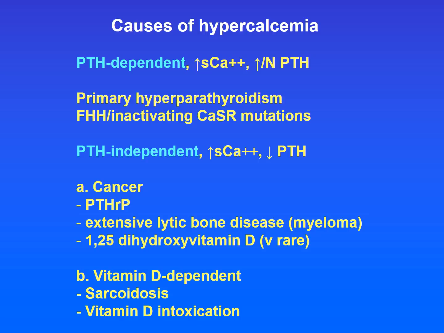Even more rarely, but it occurs occasionally, people who take or are administered too much vitamin D precursor convert enough of it to the active form of vitamin D to produce vitamin D intoxication. I think if you know that list and have that schema in your mind for thinking about clinical situations of hypercalcemia, then you'll be able to deal with most cases that come along.